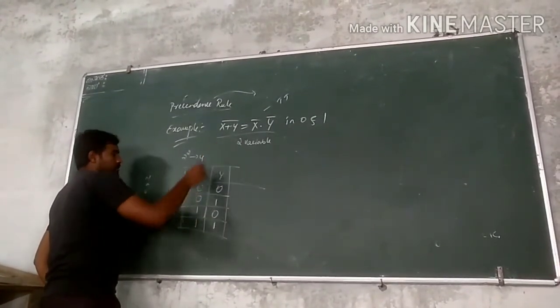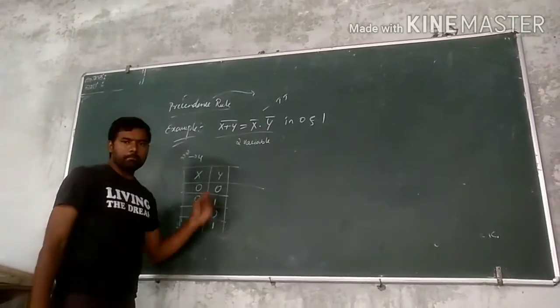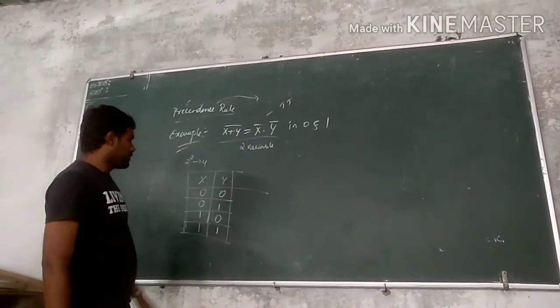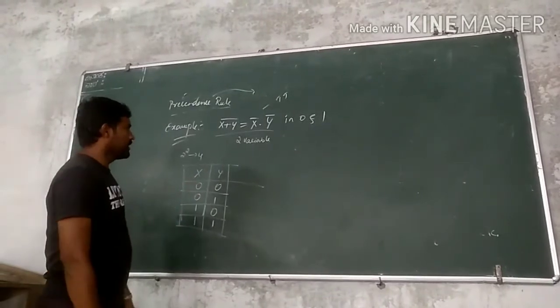So we have two variables. According to two variables, we have generated the basic binary values. So x, y we are taking as these values.